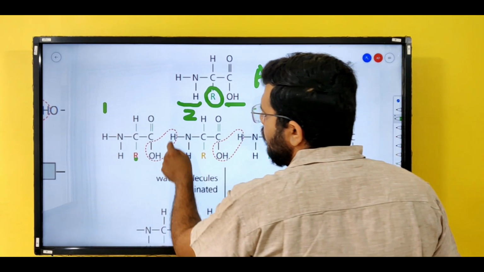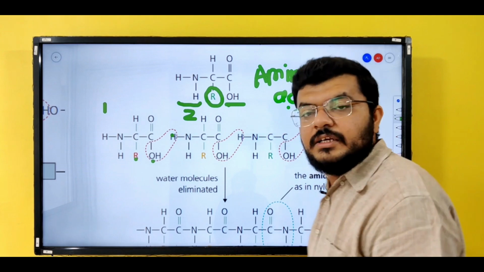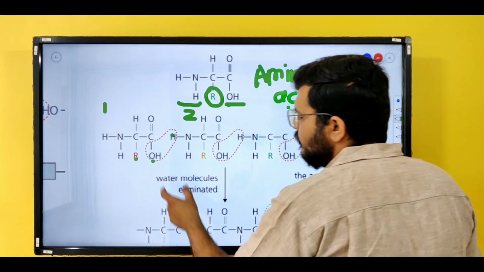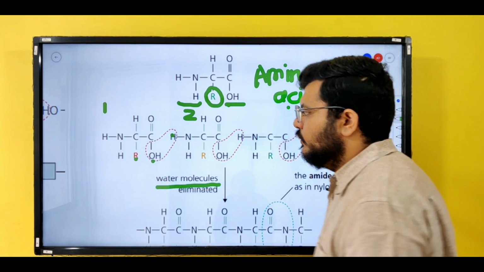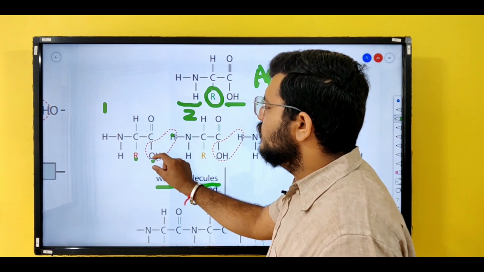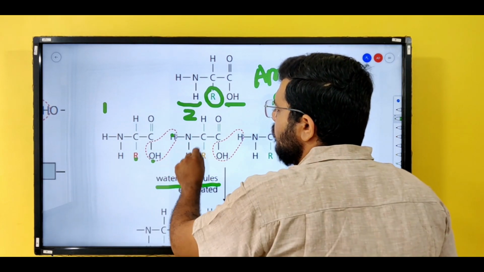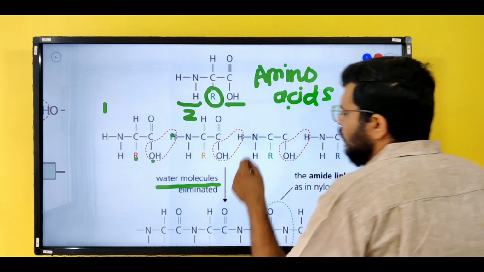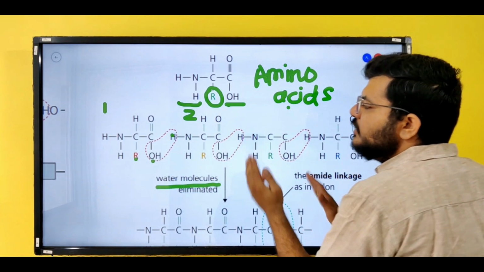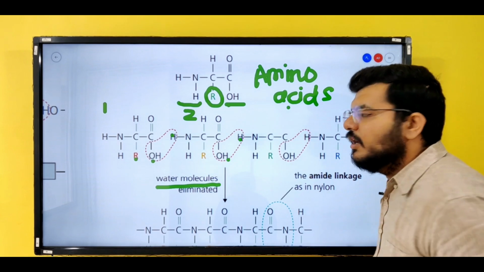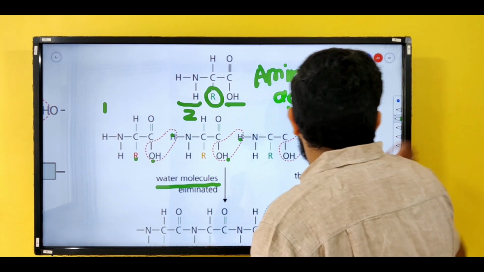So what is happening from this side? H and OH are getting removed. What will be removed? A water molecule will be removed. So H and OH: OH from carboxylic acid, H from amine. In the same way, on the other side, H and OH are again removed. So what's happening?